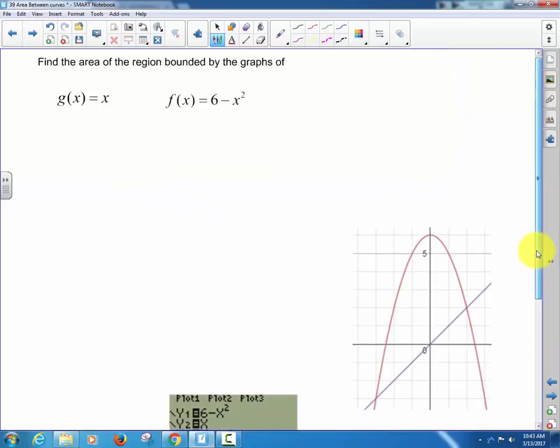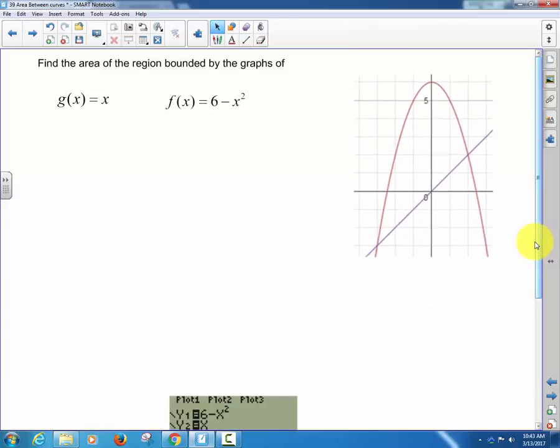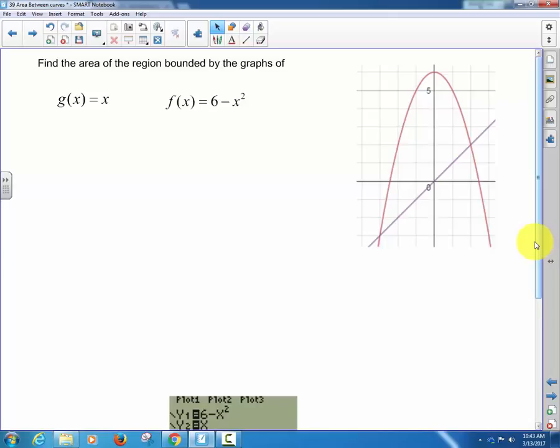So look at this problem that we have here. We've got two functions. It says find the area of the region bounded by the graphs of those two functions. I didn't give you anything else. So can anybody tell me what they think we should do here? We're going to integrate.